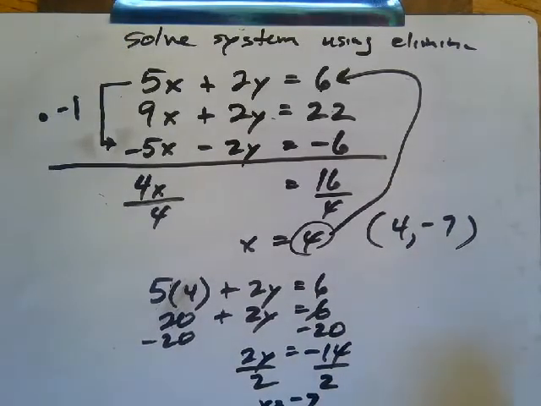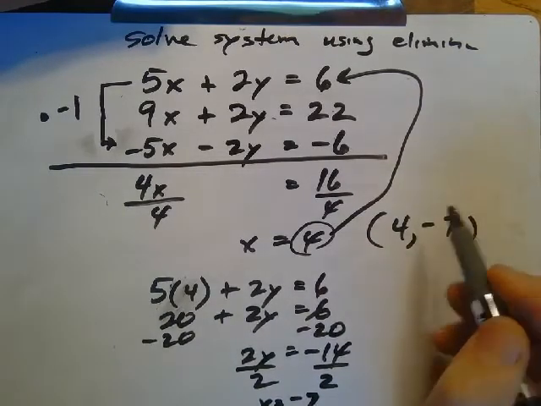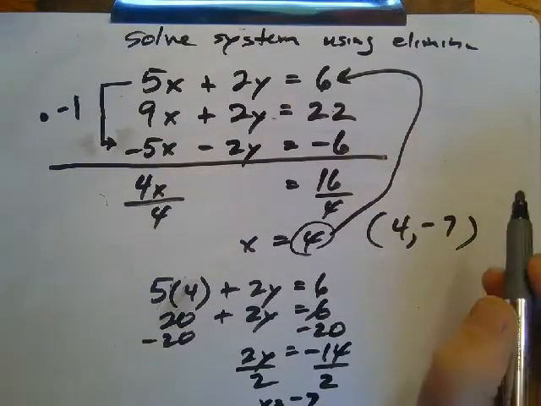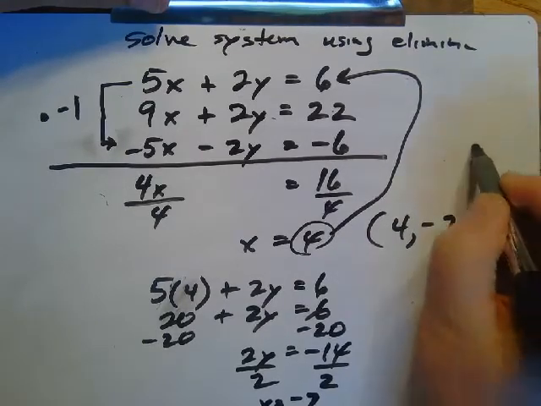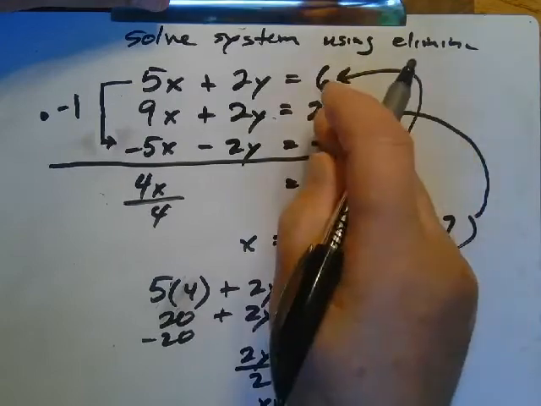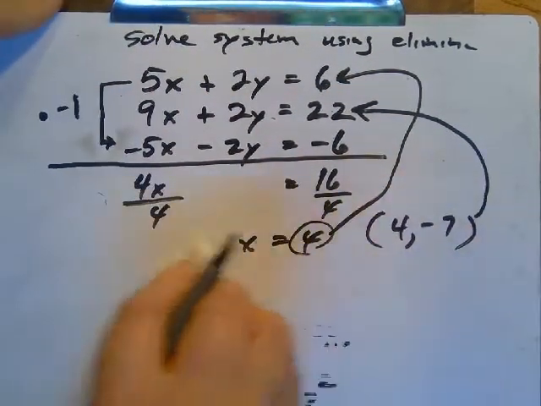Now, one of the things that is really helpful is, before you walk away from this problem and think you got the right answer, it would be a good idea to double check it. I'm going to take this ordered pair and double check it by sticking it into the other equation. Let's give some room down here.